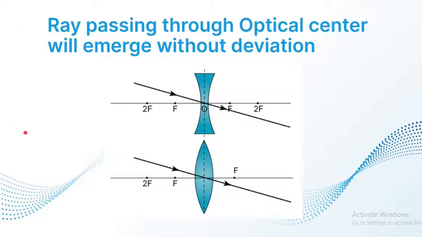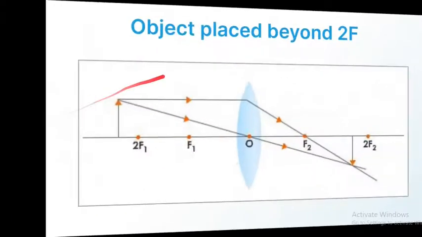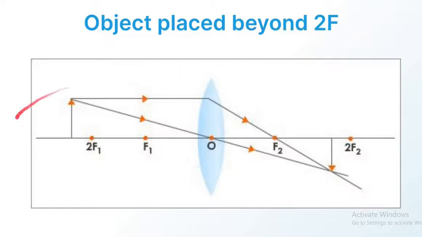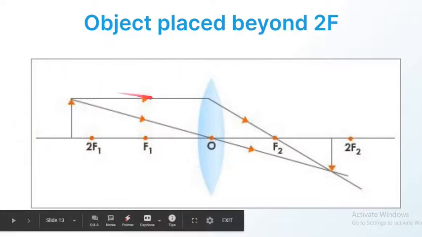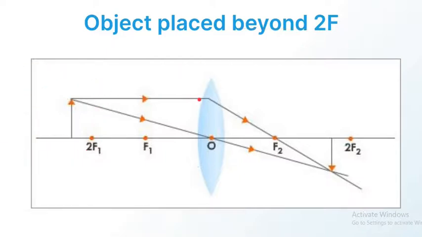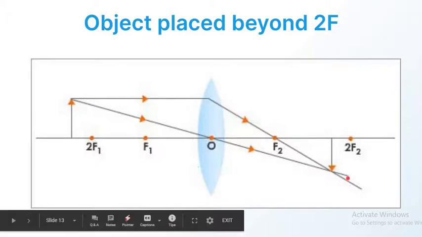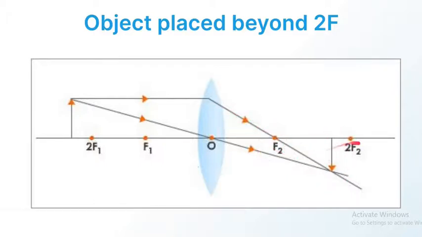Now, we will learn about the nature and the position of the image formed by the concave and convex lens when the object is placed at different positions. If the object is placed beyond 2f, we get a real, diminished and inverted image between f and 2f.